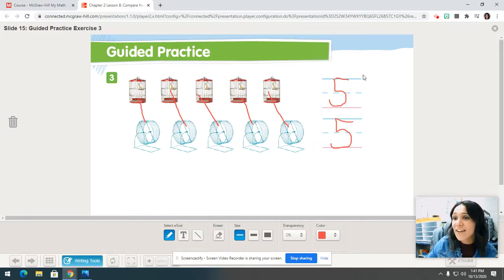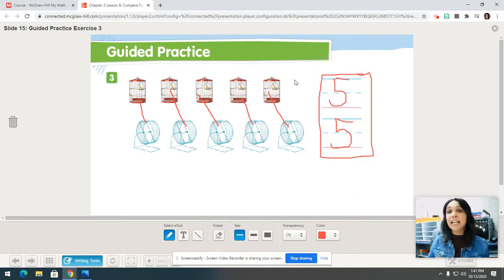Good. When we have numbers that are equal to, we draw a box around them to let us know that 5 and 5 are the same number. It is the same amount. It is equal to. So echo me. Equal to means same. Awesome.